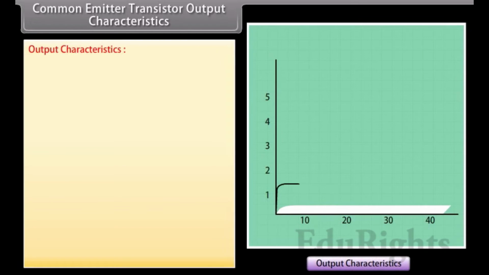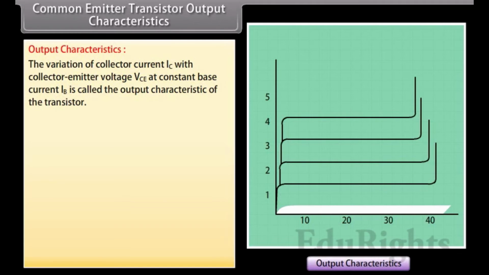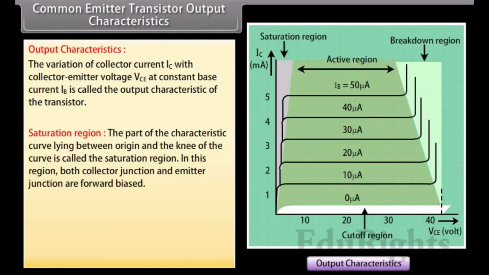Common emitter transistor output characteristics. Output characteristics. The variation of collector current IC with collector emitter voltage VCE at constant base current IB is called the output characteristic of the transistor. Saturation region.